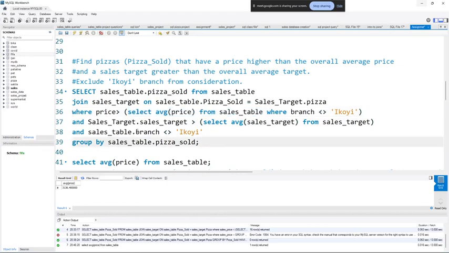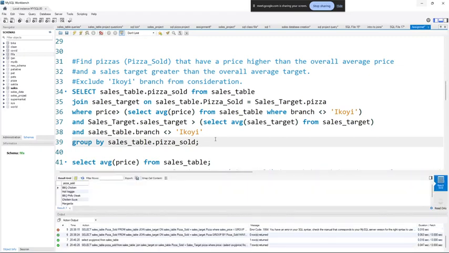So I'll still put that the branch must not be equal to Ikoyi, and I'll group by the pizza sold. Then I'll run it. And I have my answer. So this is showing only the pizzas that are satisfying all these conditions.